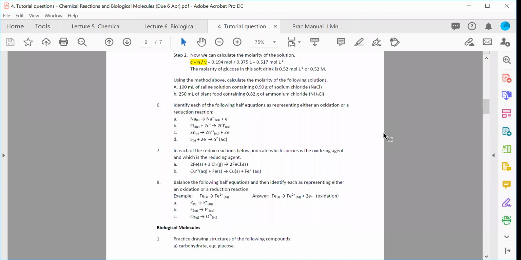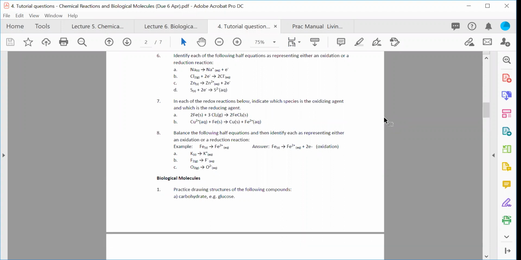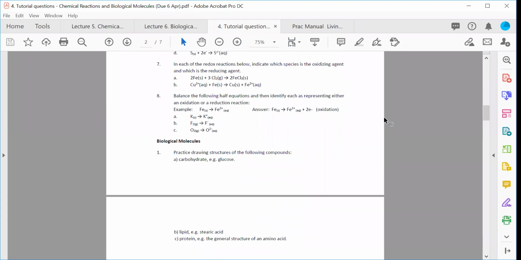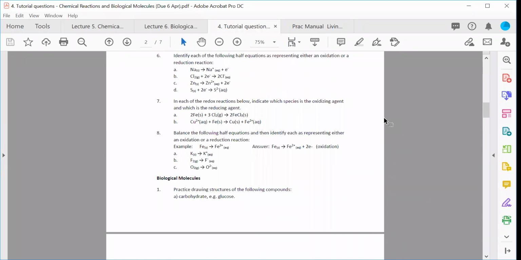All right, then we get into redox reactions. Okay, here are the tricky ones, questions 7 and 8. So with these ones, don't forget that you need to balance the equations in your answer.